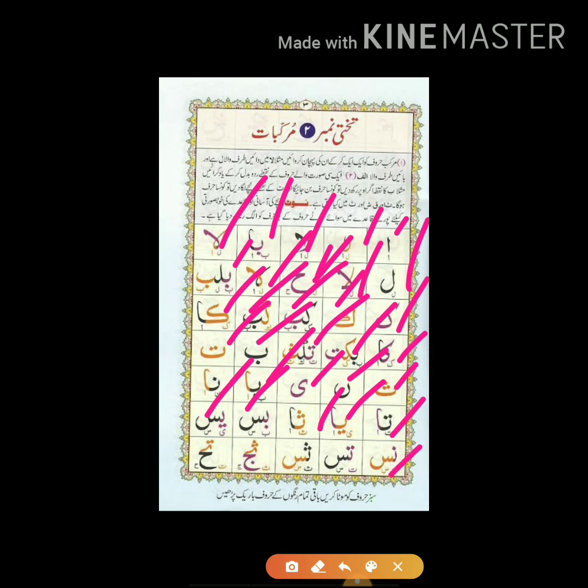Then we have noon sin, then ta sin, sa sin. Here I am again telling you the shape in black color is sa. It's not sheen, because there is a difference between the shape of sa and sheen. Now here we have sa jim. Then in the last box we have ta ha.